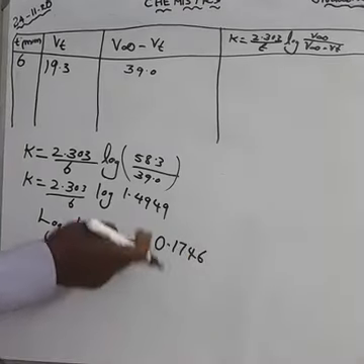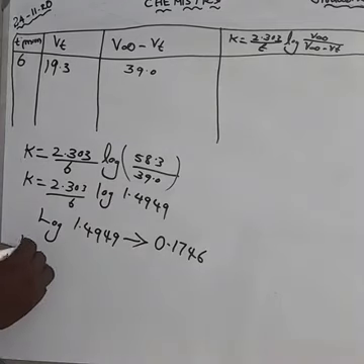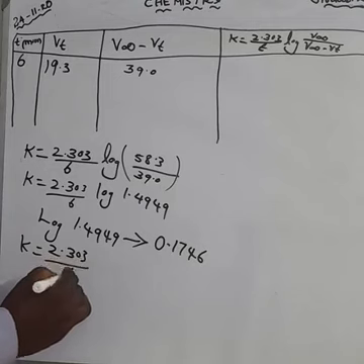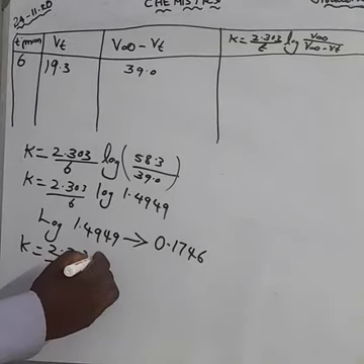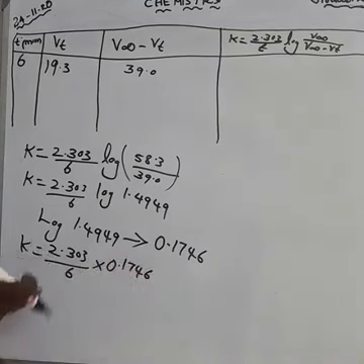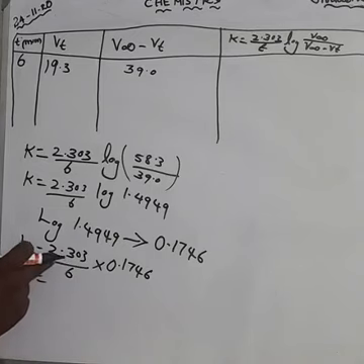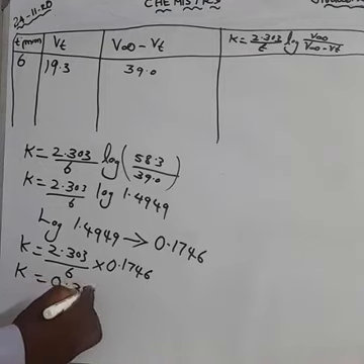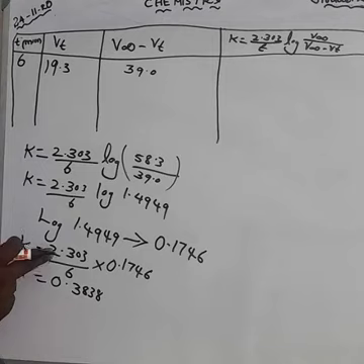When we substitute here, K is equal to 2.303 divided by 6 into log value 0.1746. Again we divide: when we divide 2.303 by 6, we get the value 0.3838. What's the value?